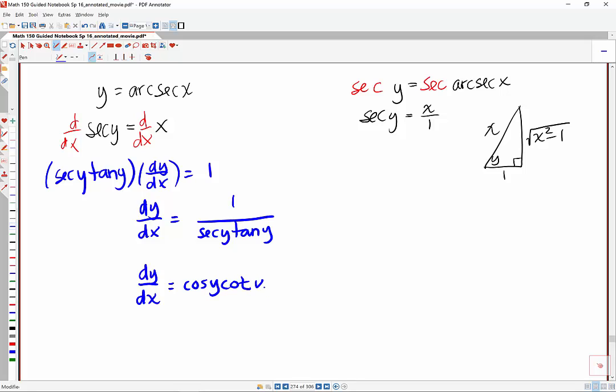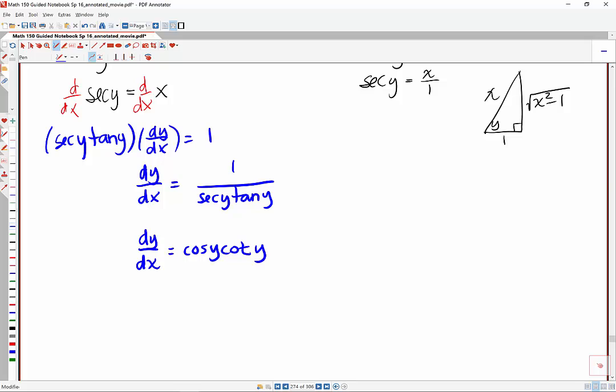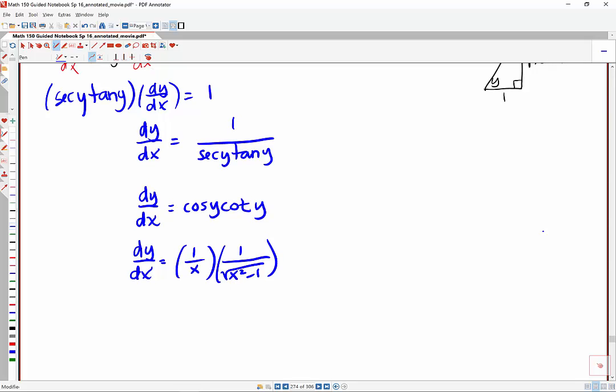And then plugging in the values from our triangle, we'll have dy dx is, so cosine at y will be 1 over x, and then times cotangent at y will be 1 over the square root of x squared minus 1. Now we need to ensure that this one is positive, because remember this one always had a positive slope. So dy dx will be 1 over absolute value of x times the square root of x squared minus 1. And we're done. All right?